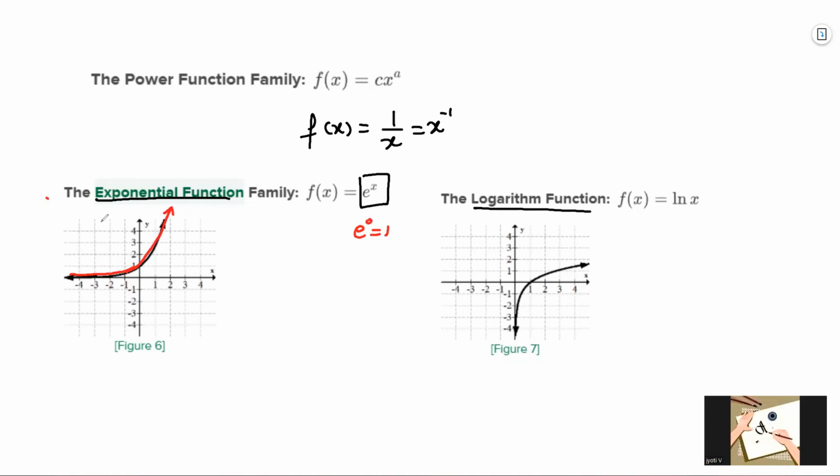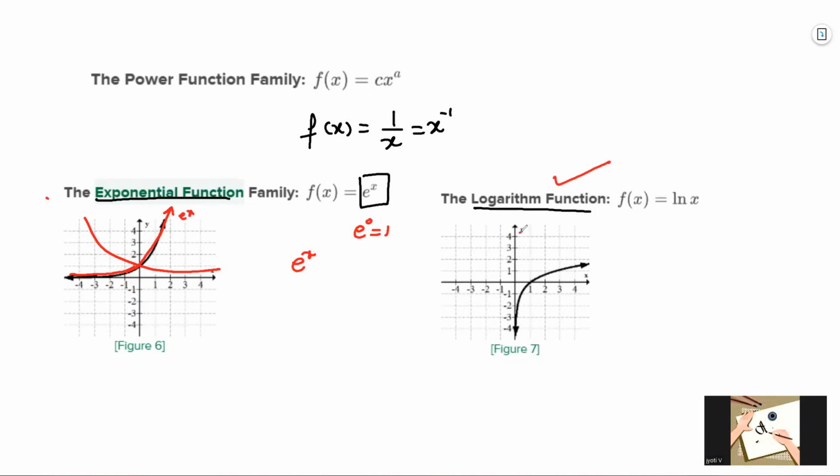So e to the power x is this. e to the power negative x will be something like this. So exponential functions are symmetrical about the y-axis, whereas logarithmic functions are symmetrical about the x-axis.